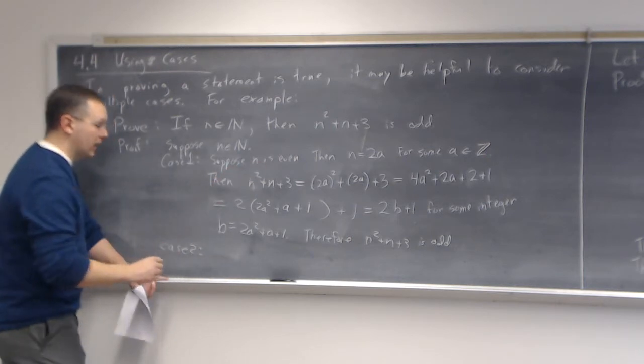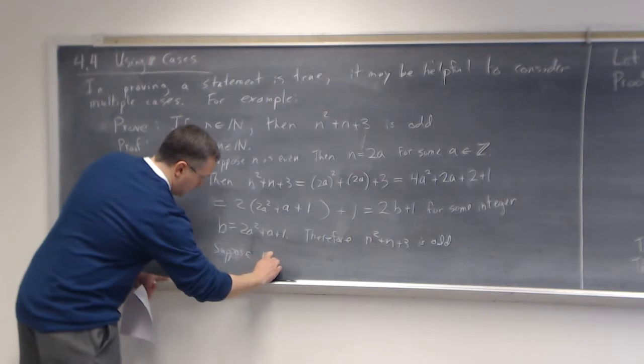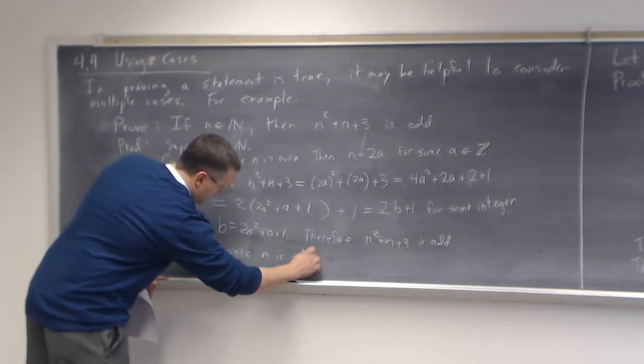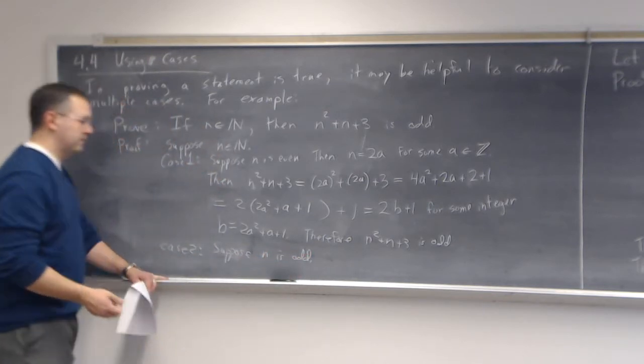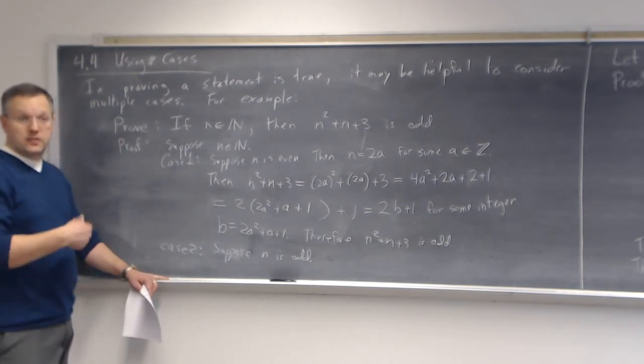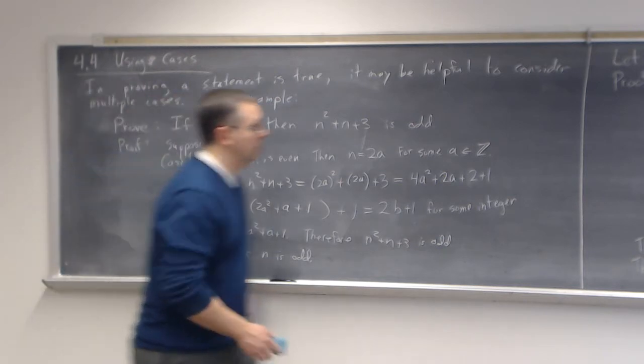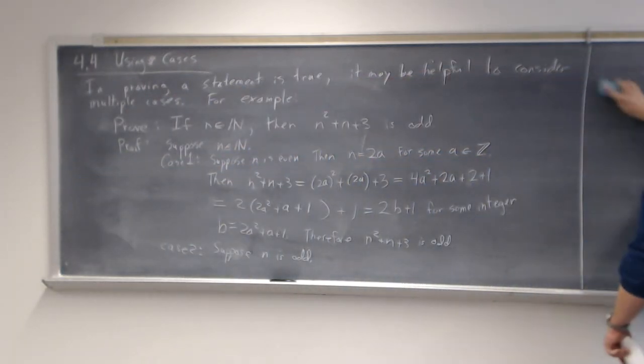Suppose n is odd. Prove that case, and that's it. There's only 2 cases. n is either odd or even. So once I prove the other half, then I'm done.